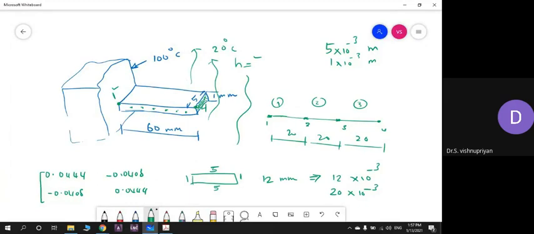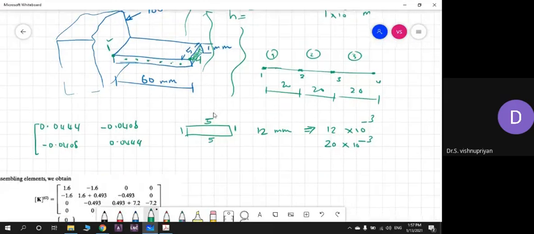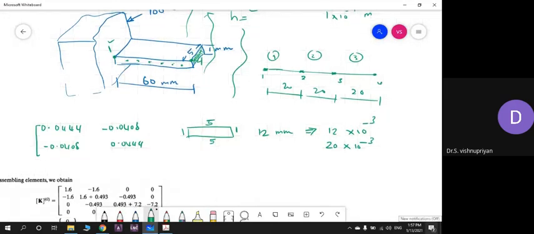Now we have been seeing this for a long time now, so we must know how to connect. This is for the first element. Then the second element, same thing, but it will come and connect here. Plus 0.0444, minus 0.0408, minus 0.0408, plus 0.0444.